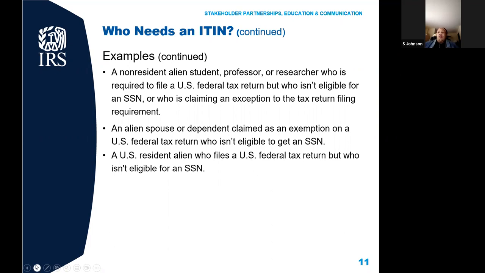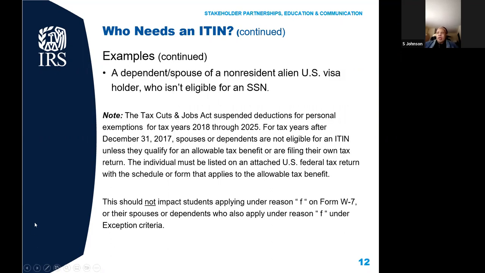As we continue on, who needs an ITIN, another example is a dependent or a spouse of a non-resident alien who holds a U.S. visa and who isn't eligible for a Social Security number. They gave you some little wording here, and that's related to a tax law.